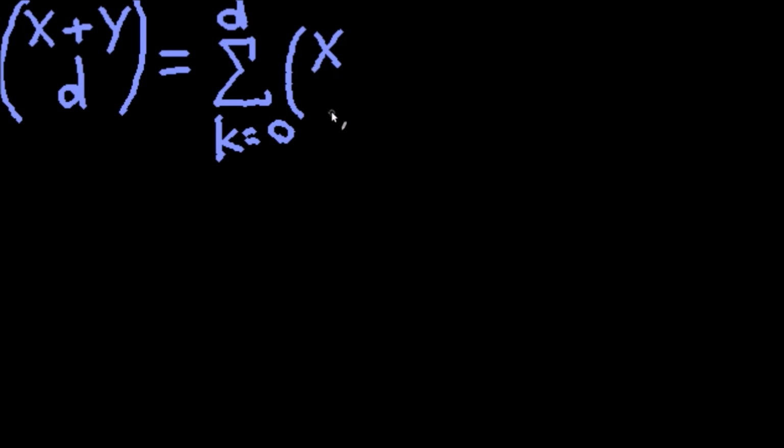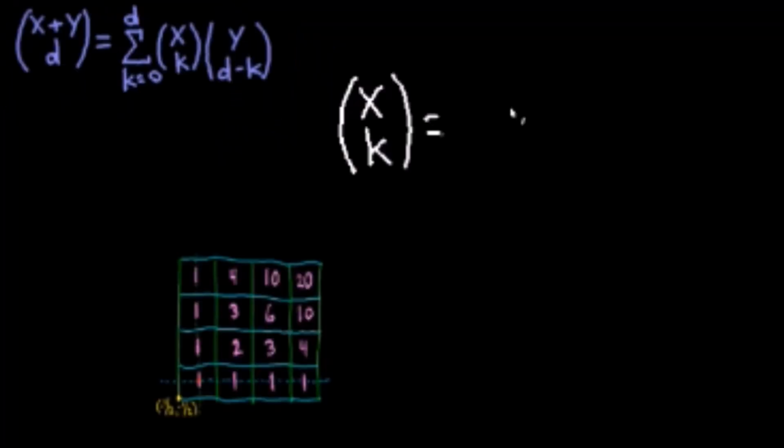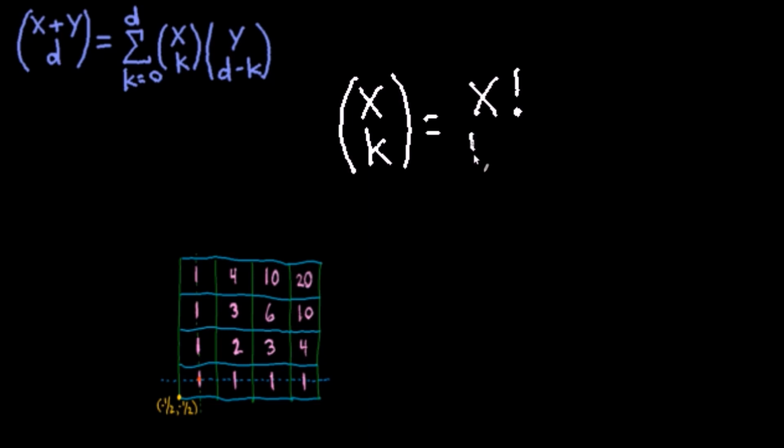Binomial coefficients are a great example. The standard definition of a binomial coefficient is just this ratio of factorials, x factorial over k factorial times x minus k factorial. The pretty, simplified, elegant notation comes at the expense of taking away one of the pieces of information on the right-hand side.